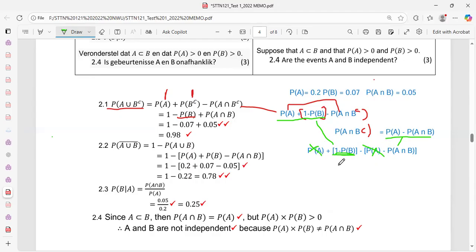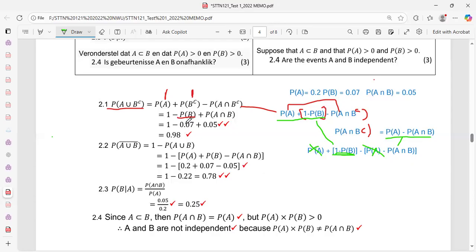It's going to be 1 minus B plus the probability of A and B. Because now I get the probability of A plus 1 minus the probability of B minus the probability of A and then minus the probability of B. So now it's going to be 1 minus the probability of B here and then plus the probability of what? Of A and B.